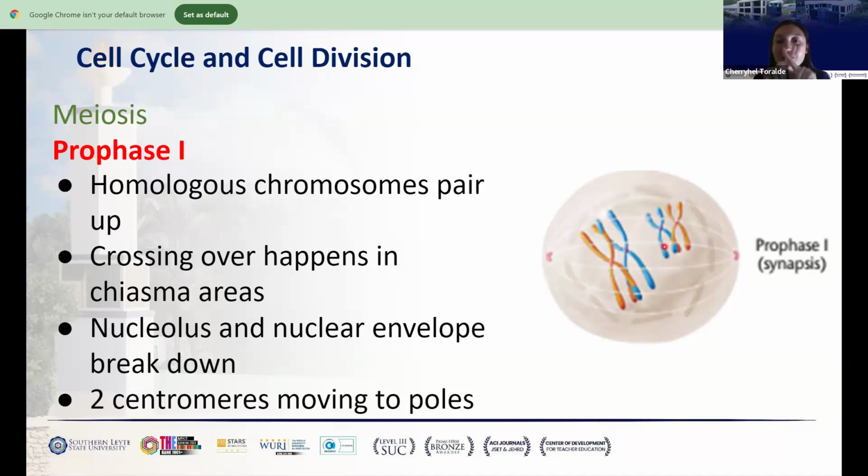Like exchange yan sila ng mga genes or sets of genes, di ba? That is the reason why hindi pare-pareho ang mga anak ng itsura. Kasi in exchange yan sa prophase 1.